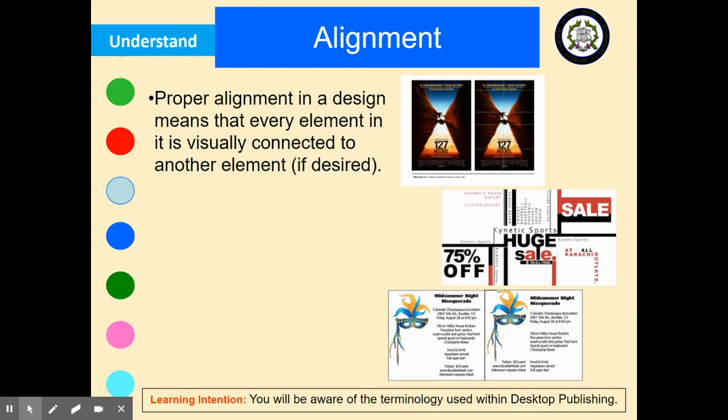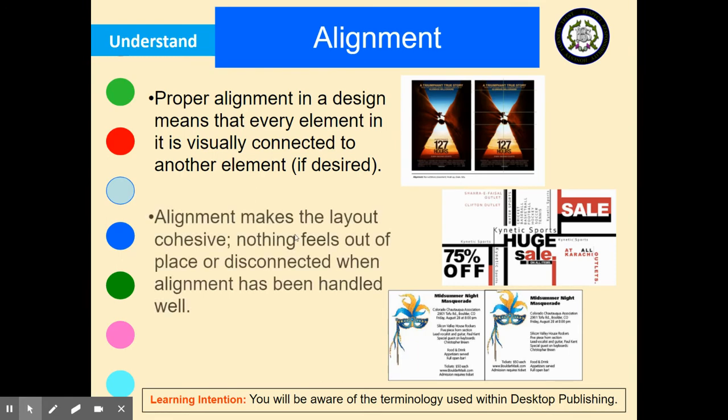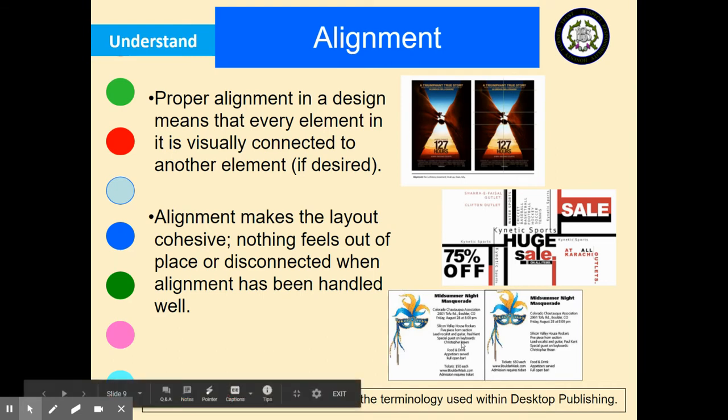It is extremely important. Here we have imaginary lines lining all this up. The different text will line up, if you can imagine all the imaginary lines going amongst it. And alignment makes the layout cohesive. Nothing feels out of place or disconnected when alignment has been handled well. With this Midsummer Night Masquerade ticket, the alignment here is just a simple imaginary middle line.